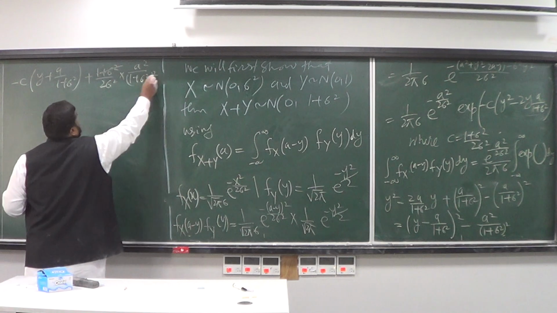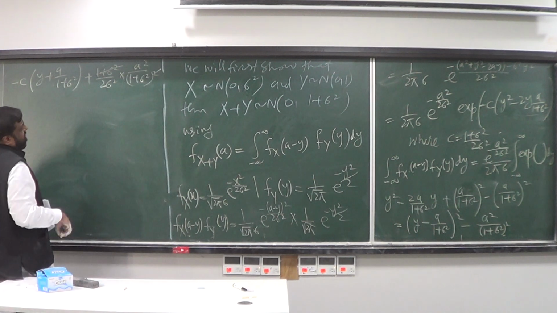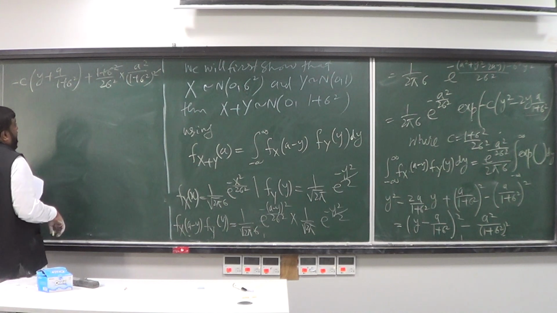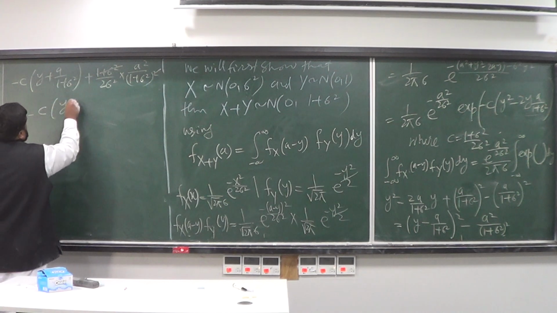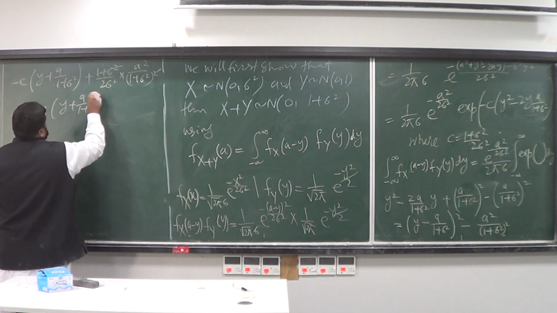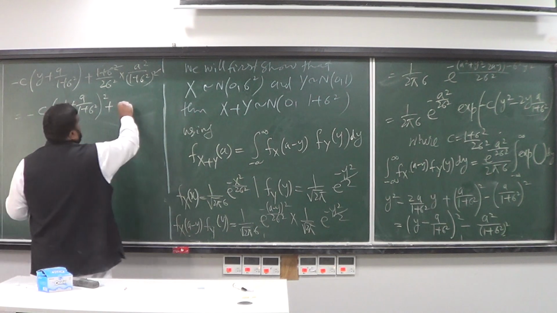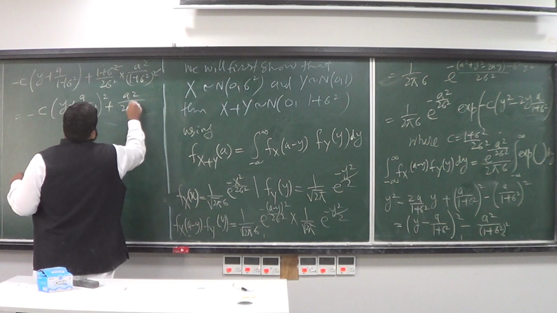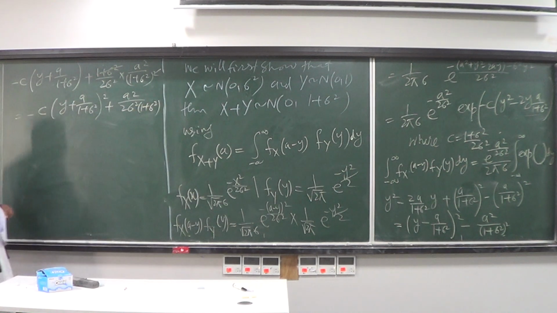So this will cancel, and what remains is a square over 2 sigma square times 1 plus sigma square. So you're going to get minus c times y minus a over 1 plus sigma square, squared, plus a square over 2 sigma square times 1 plus sigma square. This is what we're going to get.